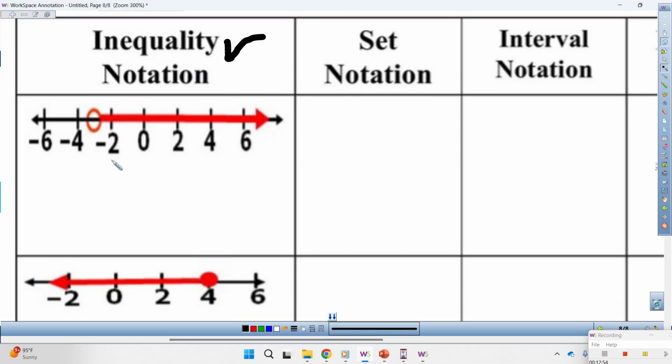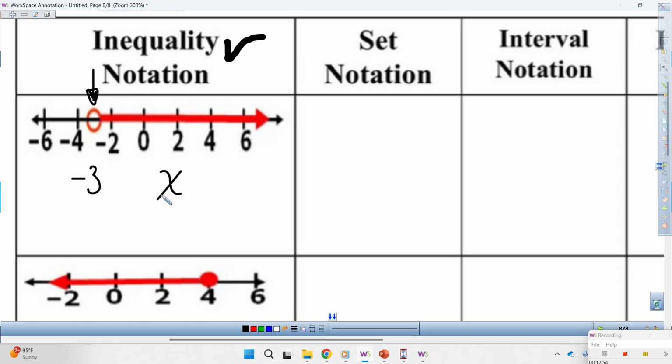So, here we go. We always start with our what? Our dividing point. What is our dividing point for this one? Negative 3. So we write negative 3, which is this dividing point. Next, where's the shading? It's to the right. So all this corresponds to a variable, and we usually use what?